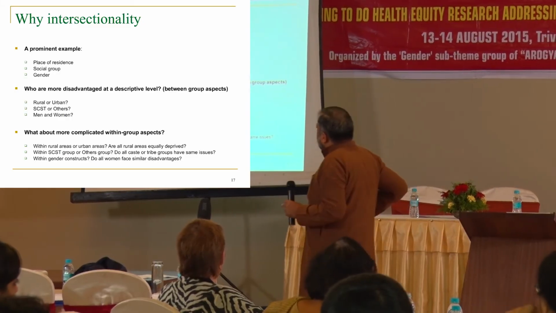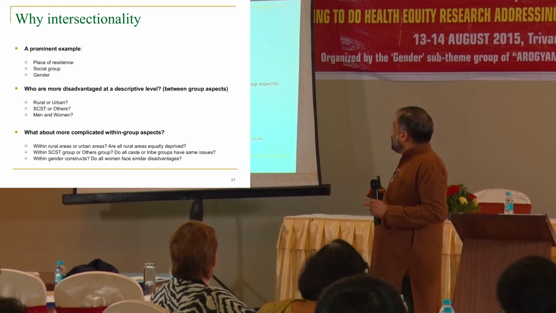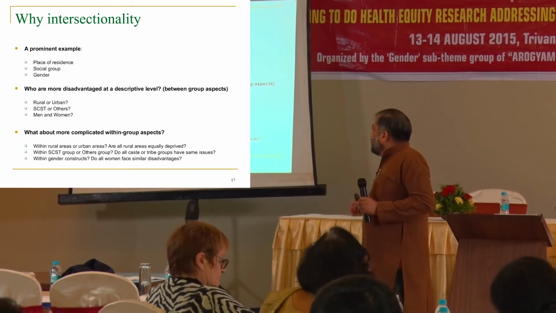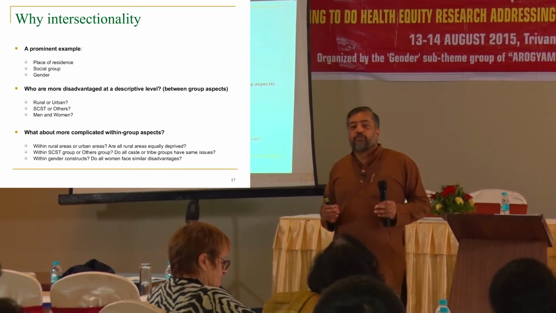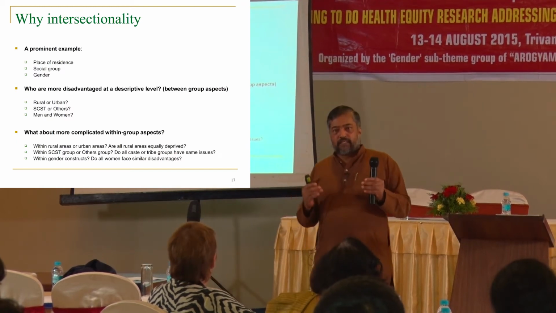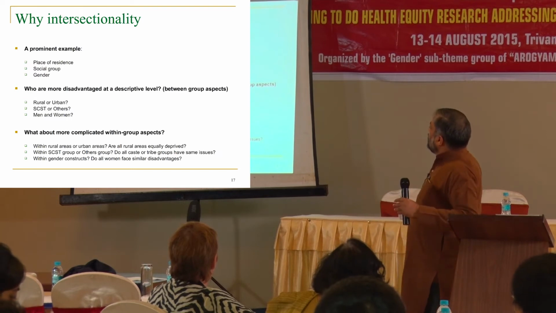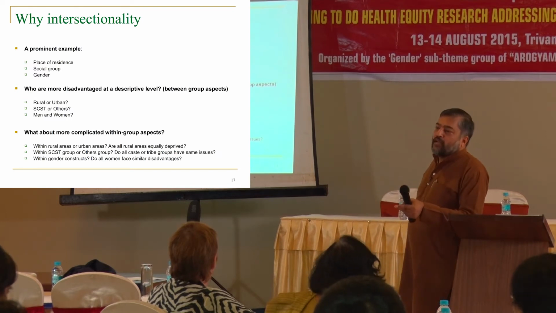And then what about more complicated within-group aspects? What happens is that rural areas or urban areas are deprived. To say that is easy, because it is one characteristic that you are saying. But when you say that rural area is disadvantaged, take India, the rural area disadvantage is not of the same magnitude, it is different.